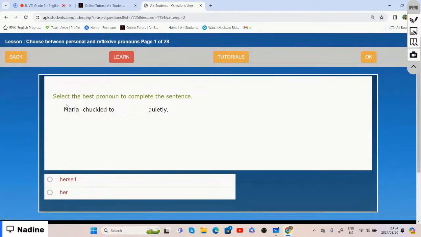All right, so we need to select the best pronoun to complete the sentence. Maria chuckled to herself quietly, or Maria chuckled to her quietly.